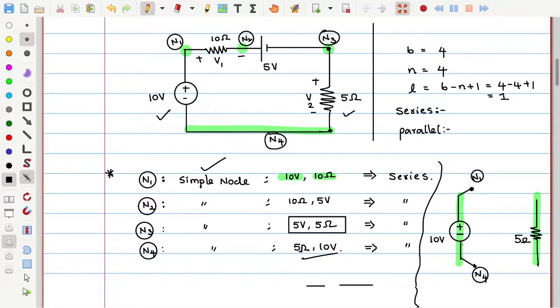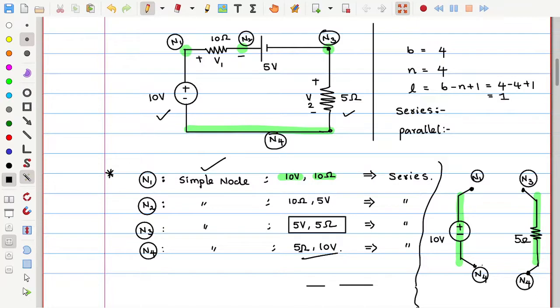Whose child is this one? N1 and N4. Got my point? Next, take the 5 ohms. Its parents are N4 on one side and N3 on the other. Do the 10 volts voltage source and the 5 ohms resistance have the same pair of nodes?